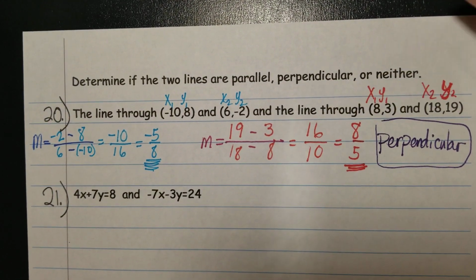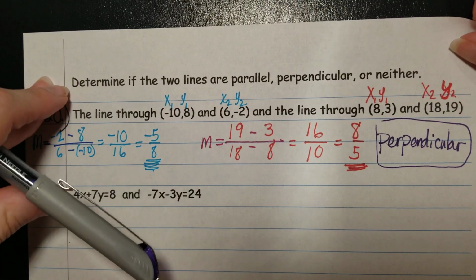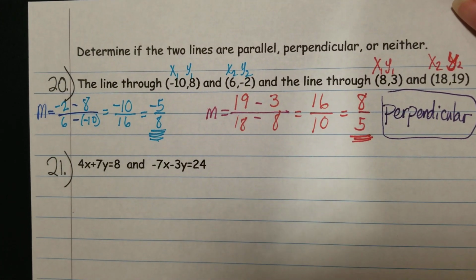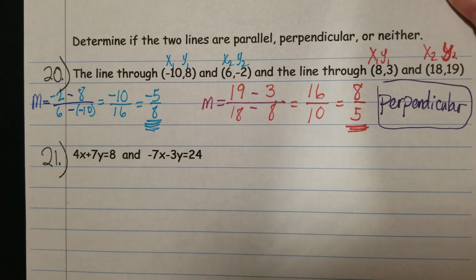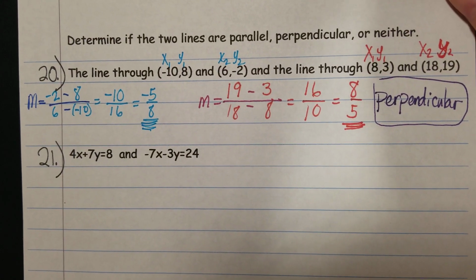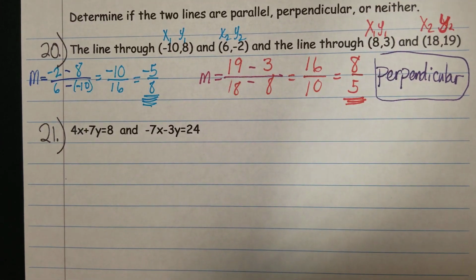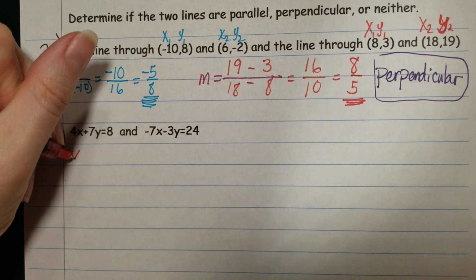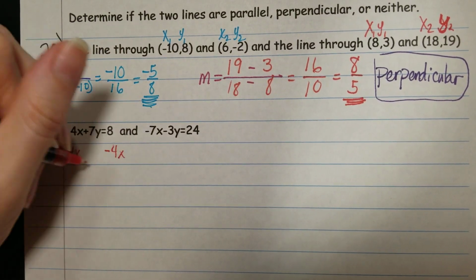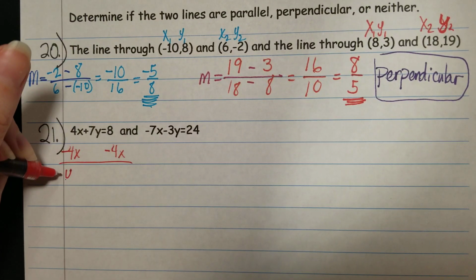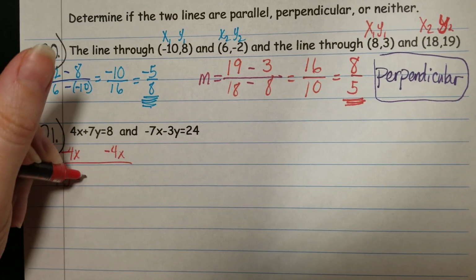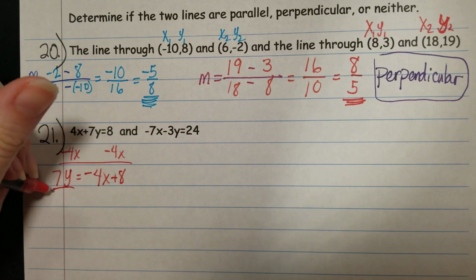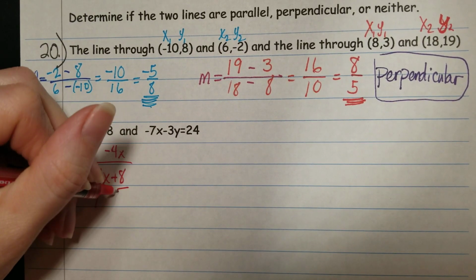Okay, and number 21, they've given us the equation of the two lines, but we'll need to put them in slope-intercept form so that we can find out the slope of each one. So we're going to get y by itself. So subtract 4x from both sides. So that would be 7y equals -4x plus 8, and then divide each term by 7.